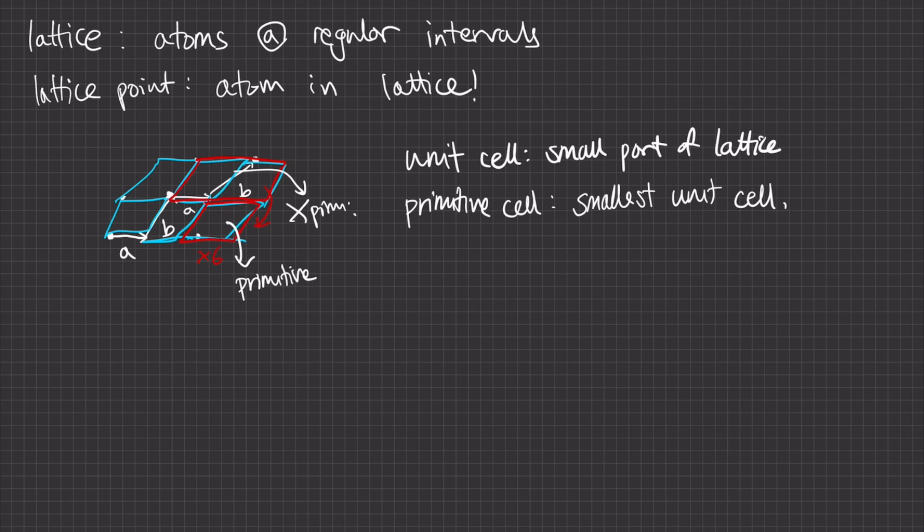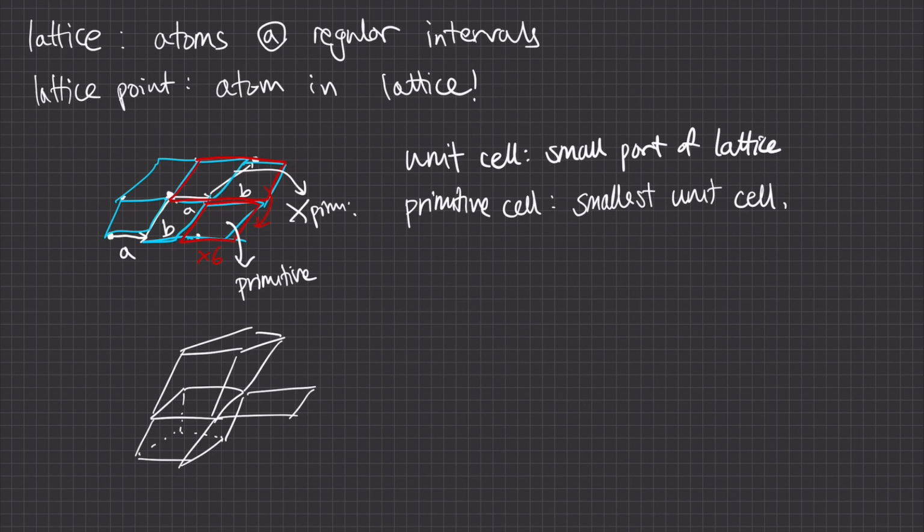And let's look at 3D now. So let's say that's the primitive cell, and obviously we would have more of it, just stacked like that. You see where I'm getting? So if that's stacked like that, we can represent every single lattice point with the following equation.